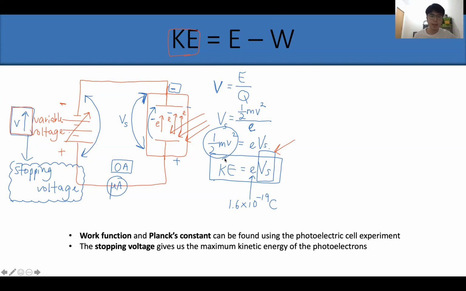Now once I know the kinetic energy, I can plot a graph to find the work function and the Planck constant, using this formula up here, Ke equals E minus W. Let's assume we are at the surface of the metal, where the kinetic energy is the maximum, equal to E minus the work function.